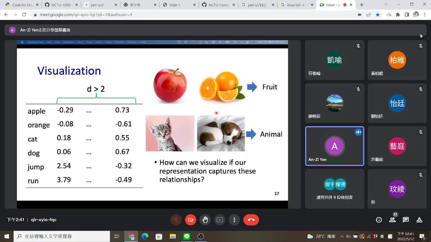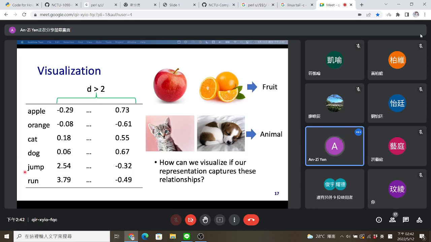So let's see the intuition and the motivation for visualizing word vectors. Imagine we have the following representation for our words in a vector space, and in this case our vector space dimension is higher than 2. The words apple and orange are fruit, so they are related. Cat and dog are animals, so they are related.